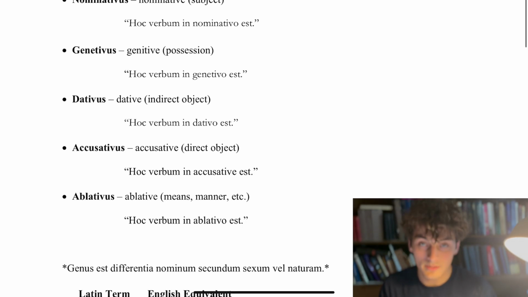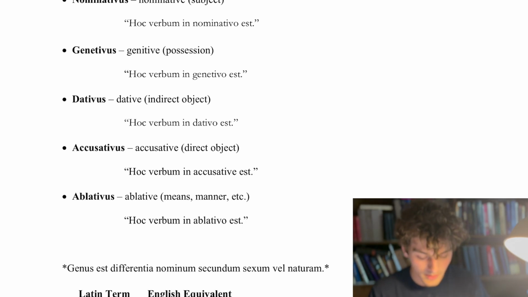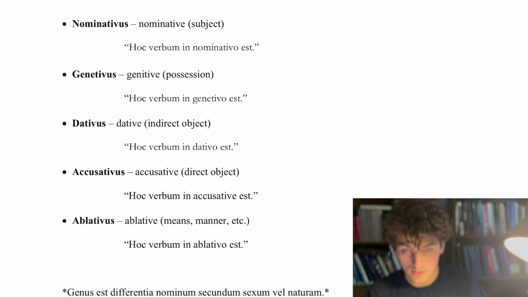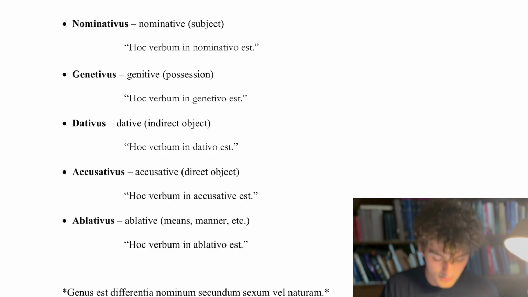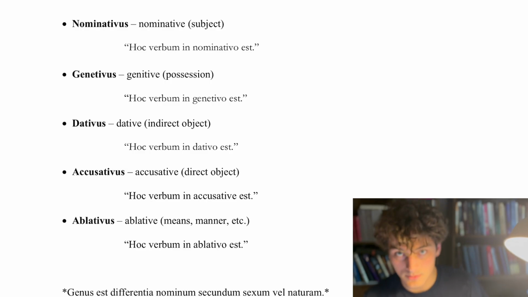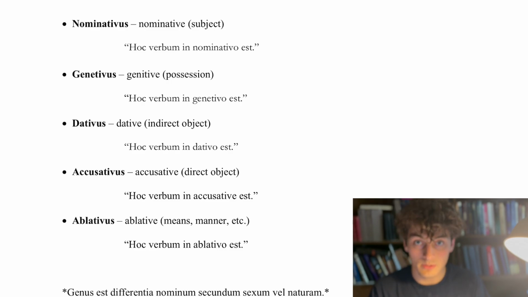So we've got our many cases in Latin. If you've studied it, you know that there are many cases each word can fall into, and these are the nominativus. This is the nominativus case, which is the subject, right? You've got the genitivus case, you've got the dativus, you've got accusativus, and ablativus. And these just communicate what is very similarly the English version: nominative, genitive, dative, accusative, ablative.